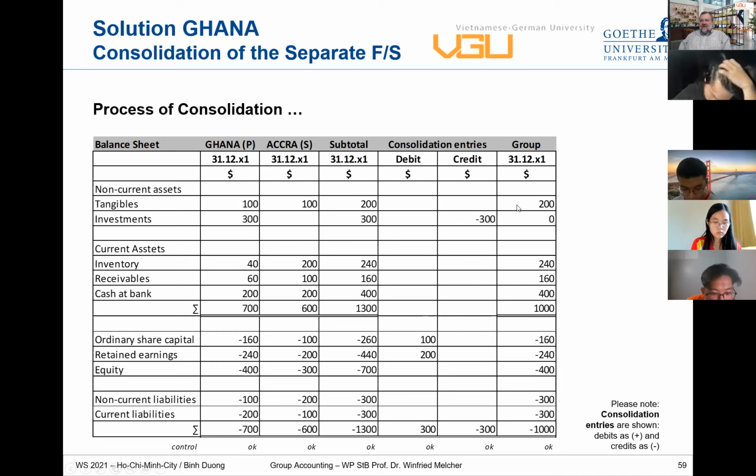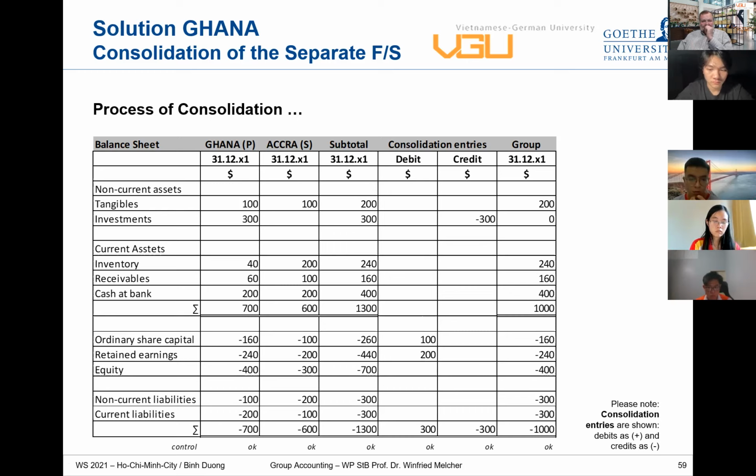So what we did is we consolidated the two companies which are shown in one group accounts. We eliminated the investment and we eliminated the ordinary share capital and retained earnings. So that is called capital consolidation. So we will eliminate the investment of a fully consolidated entity against the equity of that company.